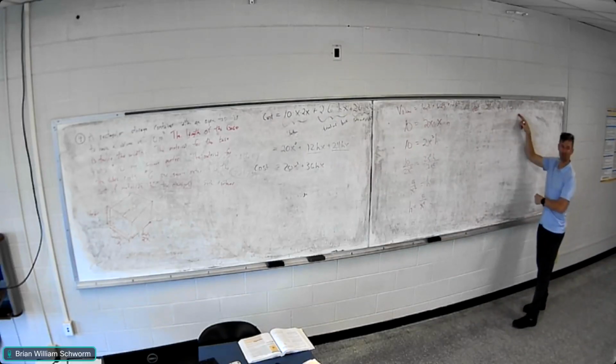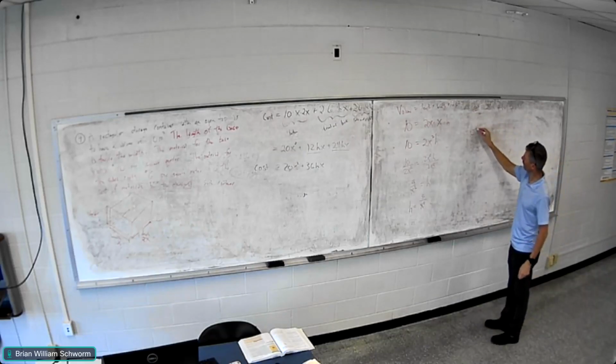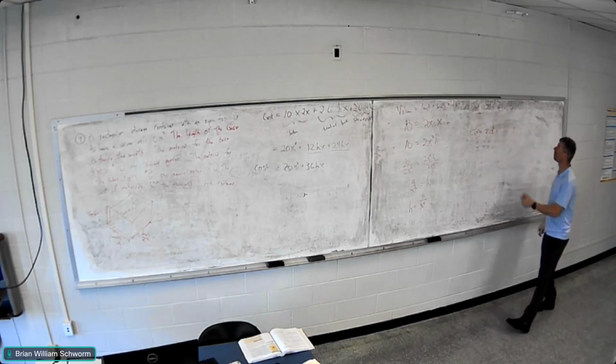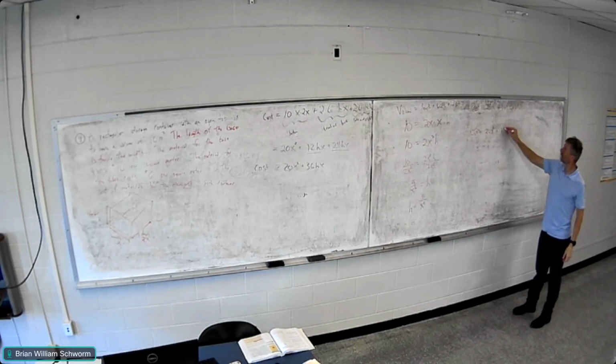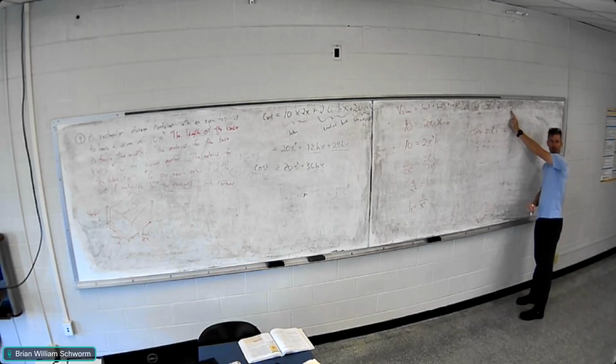Now it only has x's, so my cost function now only has x's. So I could use the function notation now. The cost as a function of x is 20x squared plus 36 times 5 is 180. And then this x cancels with one of them here.